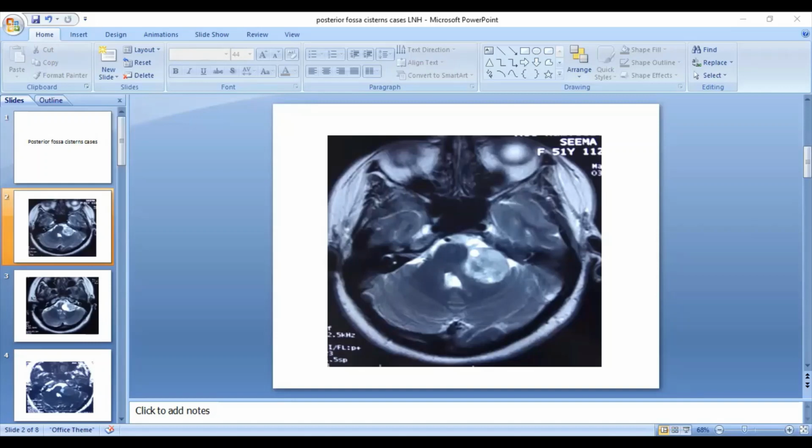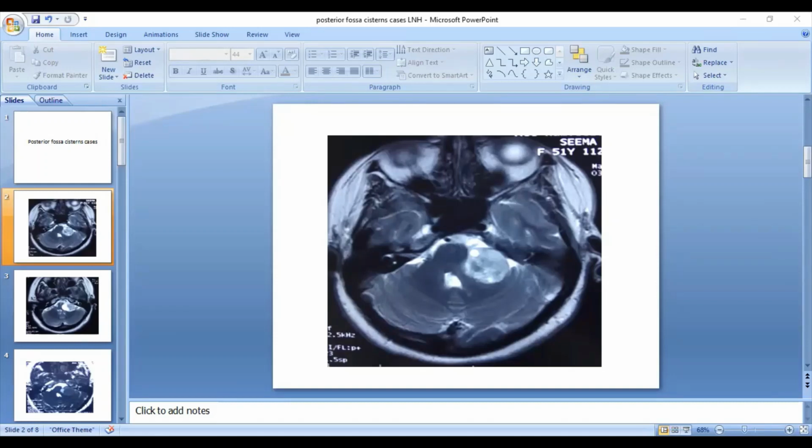But the important point is to open the arachnoid spaces, which will help you first drain the CSF, which will relax the cerebellum and the hemispheres. So it will give you more space for retraction and the visualization will be improved.